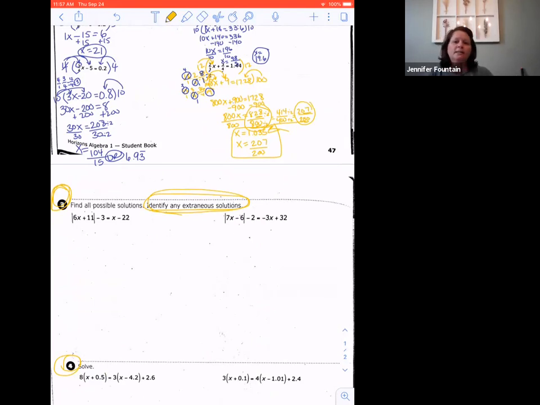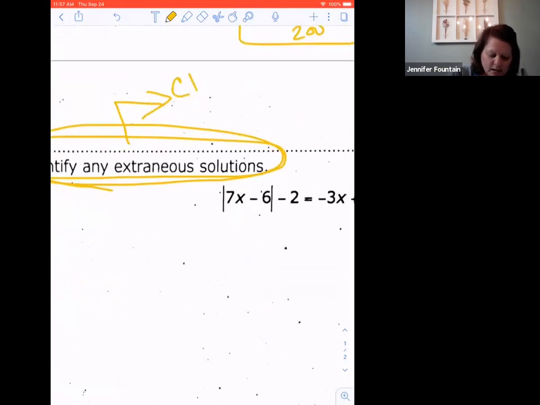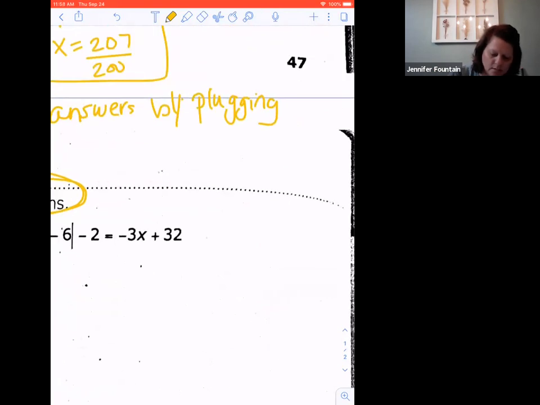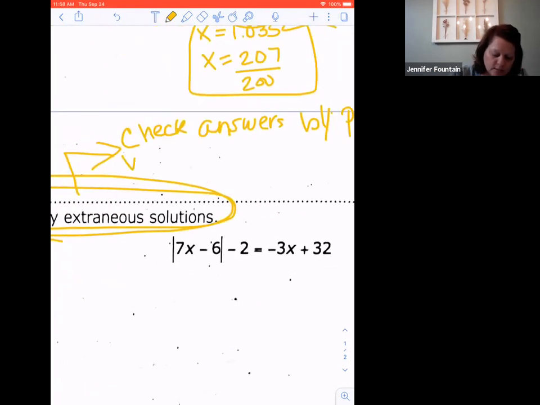What an extraneous solution means, what I want you to do is make a note right here that says, check answers by plugging in values of X. Okay, you need to check your answers.